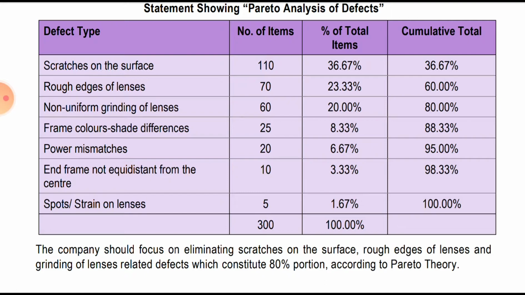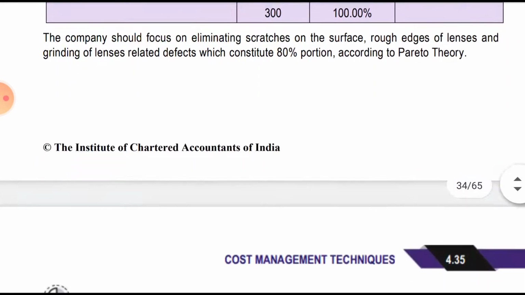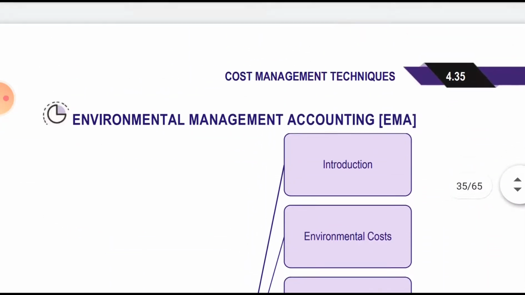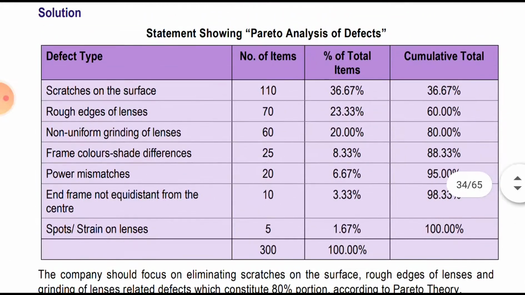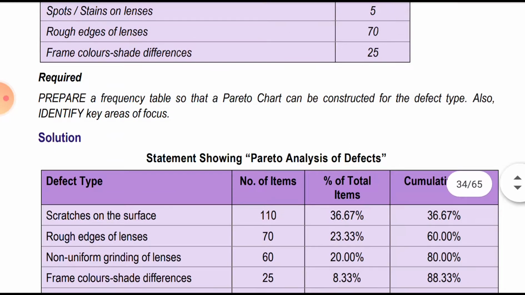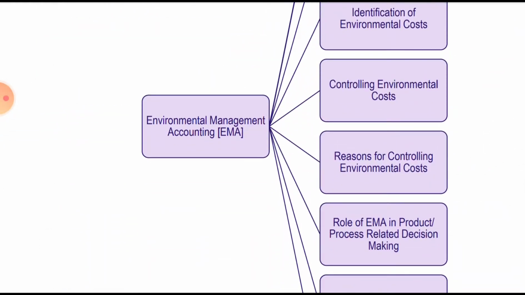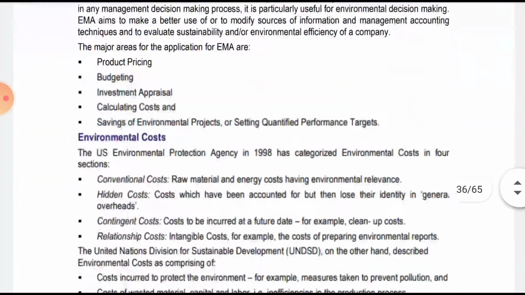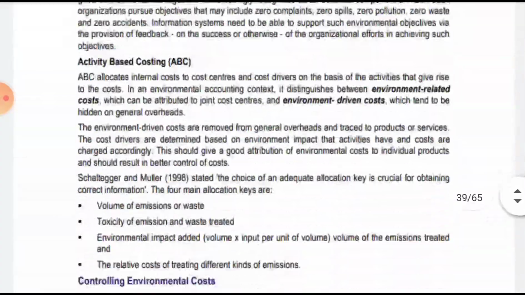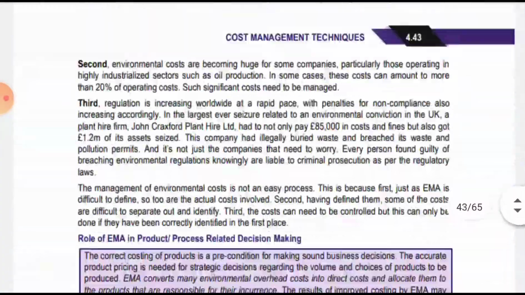So the company has to focus on that according to the Pareto theory, and based on that we can prepare the bar diagram, that is the Pareto chart. As such, they haven't prepared it here, but it has been done in one of the test your knowledge questions. So we'll move forward to the test your knowledge as we are done with this.